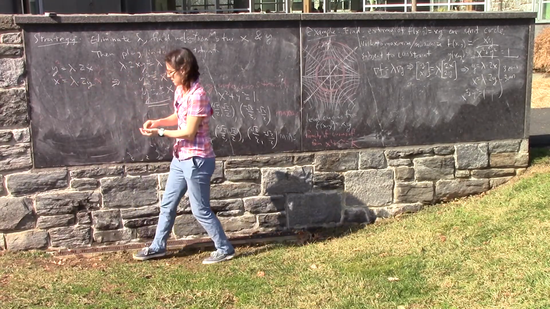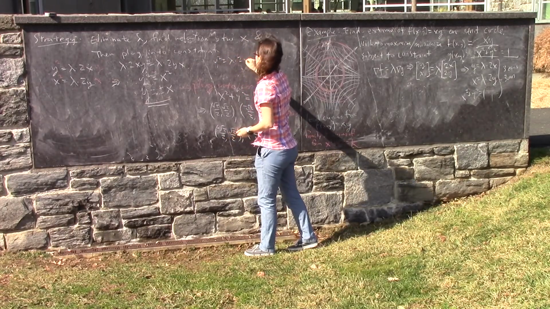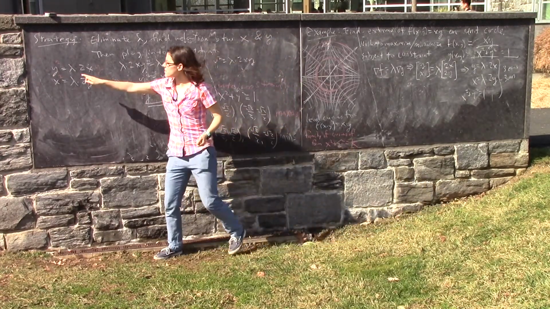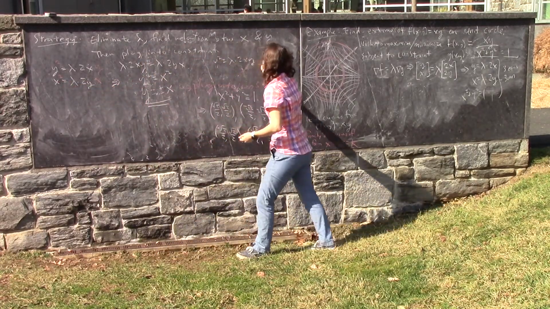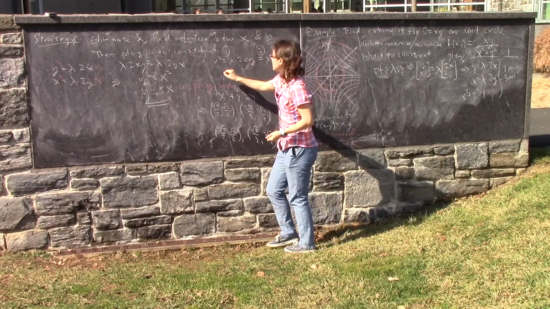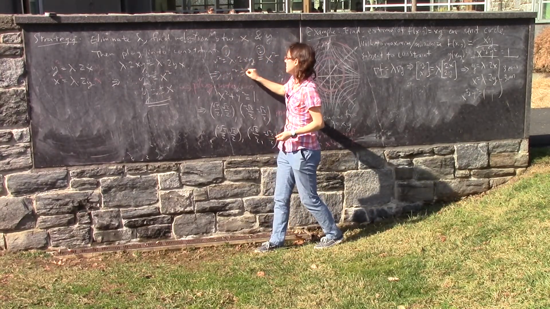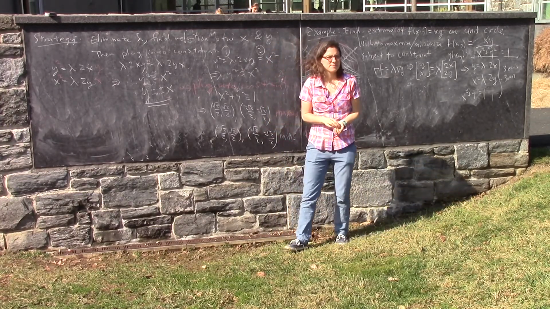So something like y squared equals lambda times 2xy from the first line. Oh wait, and 2xy is also equal to x squared from the second line. So this is from the first line, and this is from the second line. Therefore, y squared equals x squared. Yeah, other questions?